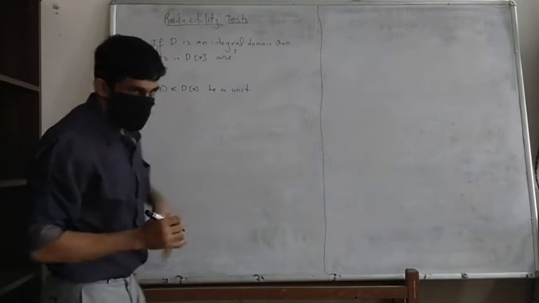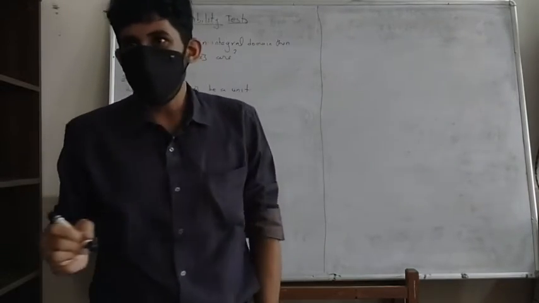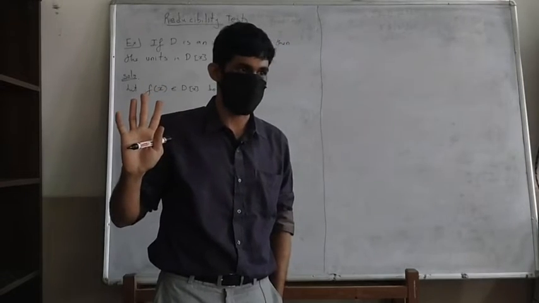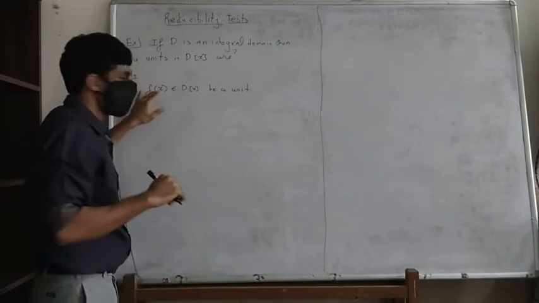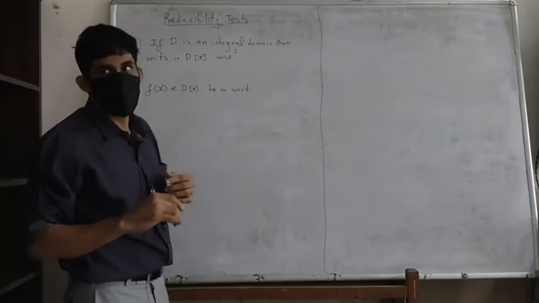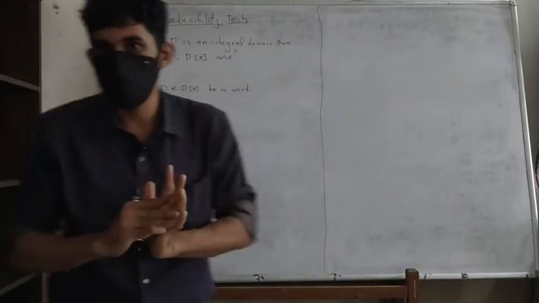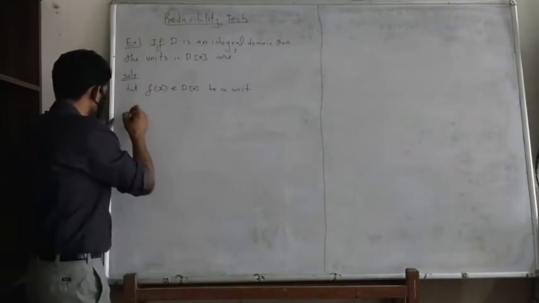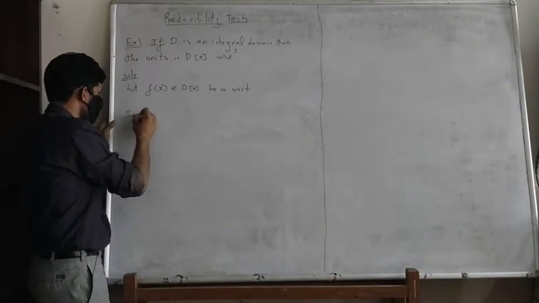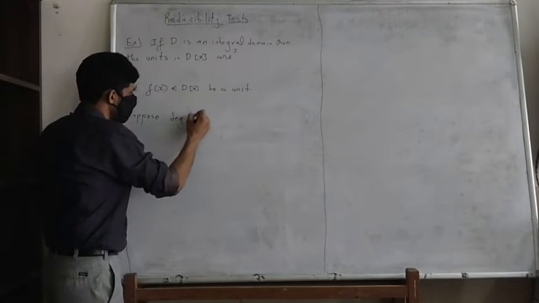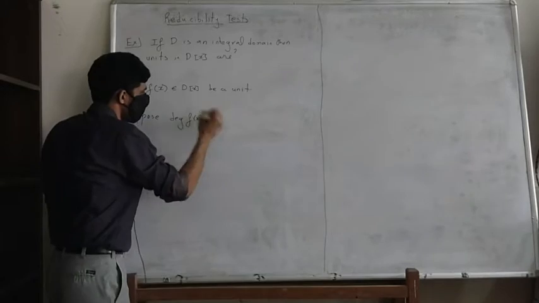Obviously f cannot be the 0 polynomial because it's a unit, so it has to have a degree. So suppose the degree of f(x) is greater than or equal to 1.